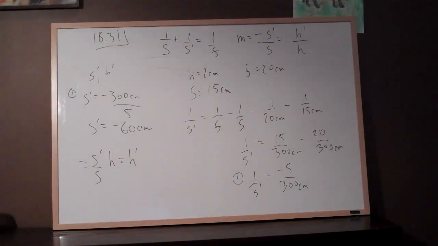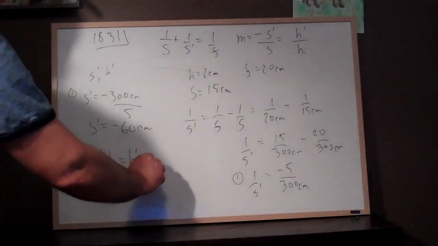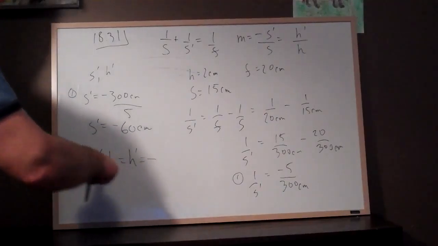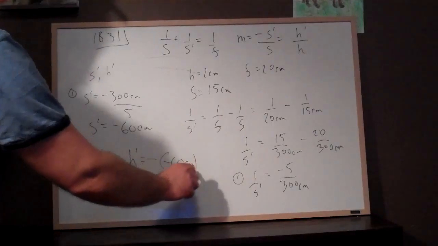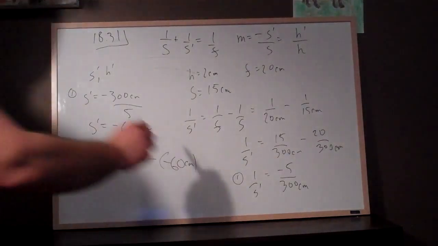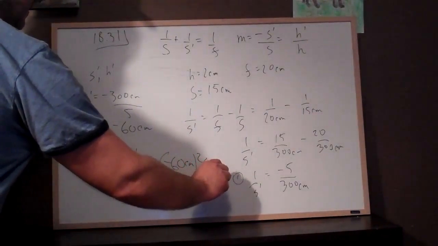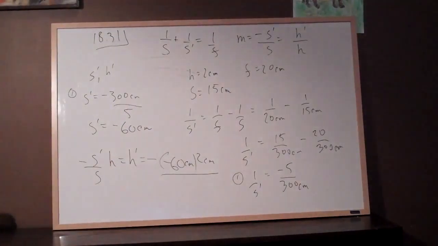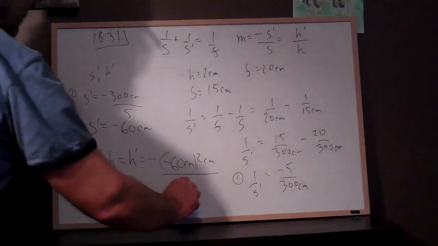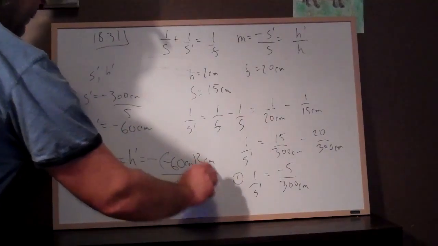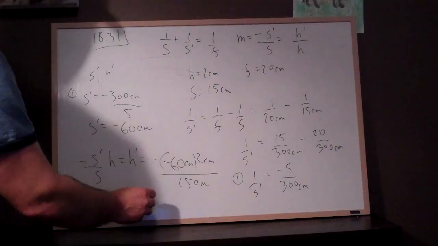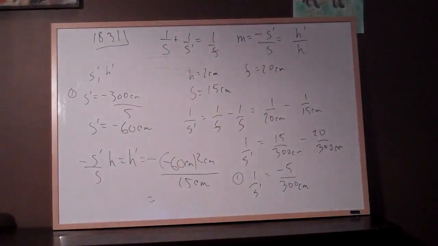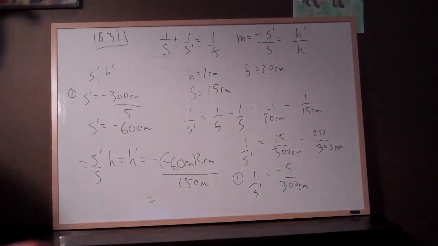Now I can put some numbers in. Minus s prime, so minus minus 60, times h, and h was 2 centimeters, and then divided by s, which was 15 centimeters. The minus signs cancel out, this becomes positive. So it looks like I have 8 centimeters as the image height.